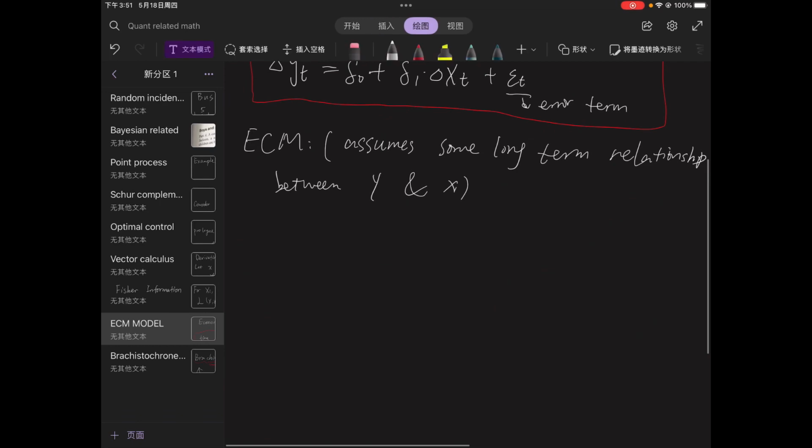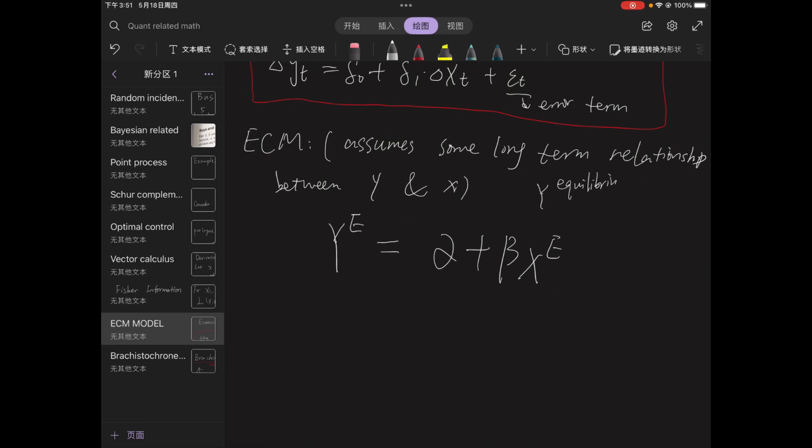But ECM assumes that actually this big Y is equal to some alpha plus beta of x expectation. Here we call it expectation or equilibrium. So this is a Y equilibrium and x equilibrium.